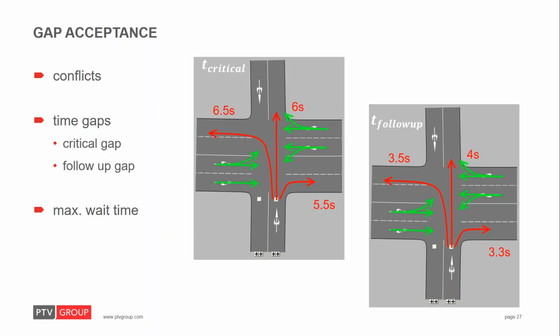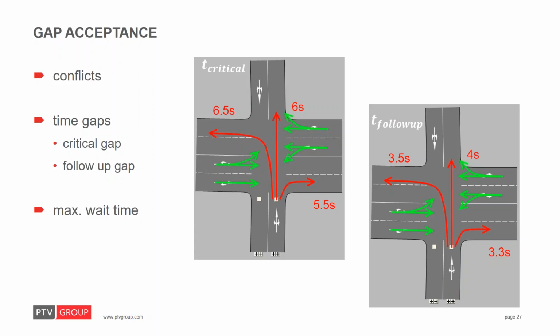The time between the departure of one vehicle from the minor street and the departure of the next vehicle using the same major street headway is called follow-up headway. So this headway or follow-up gap defines the saturation flow rate for the approach if there were no conflicting vehicles on movements of higher rank. The picture on the right shows default values for these gaps.